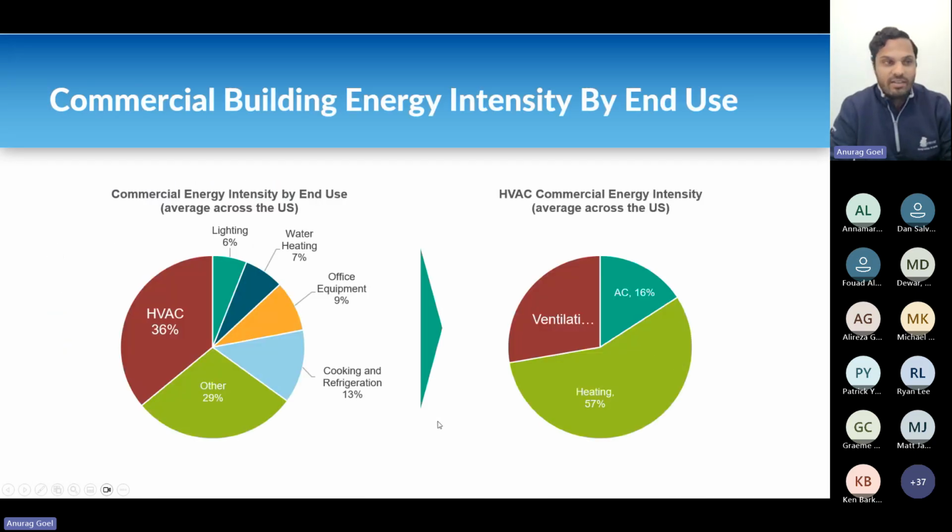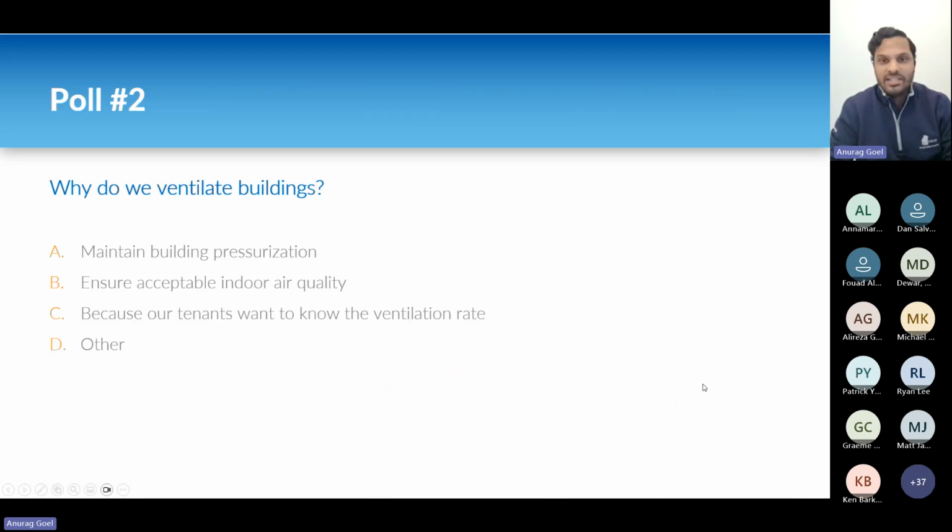HVAC energy end use can represent up to 40% of the total building energy use. And of that HVAC component, ventilation can represent up to 40% of the total HVAC energy use. So given how energy intensive ventilation can be for buildings, why do we ventilate buildings?